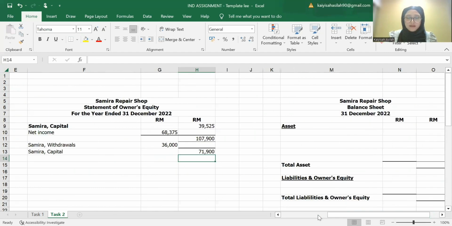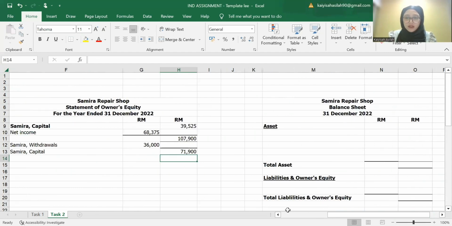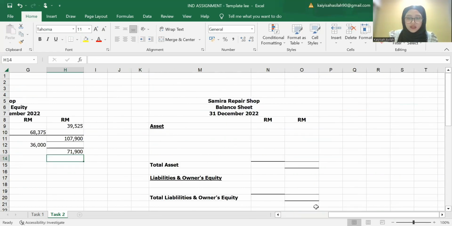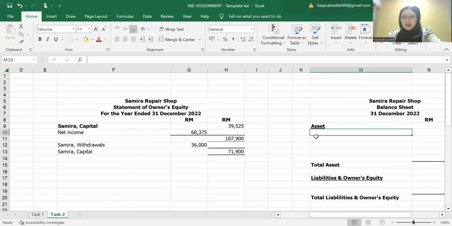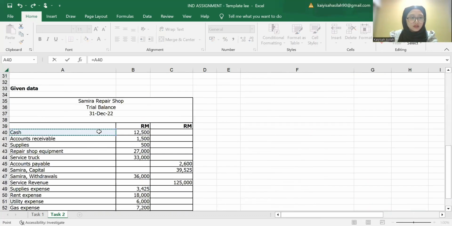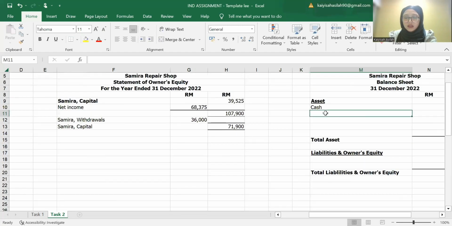In the balance sheet, it has total asset, liability and owner equity, and total liability and owner equity. So for asset, we go to the cash. Don't forget to equal. Cash, and it's already here.